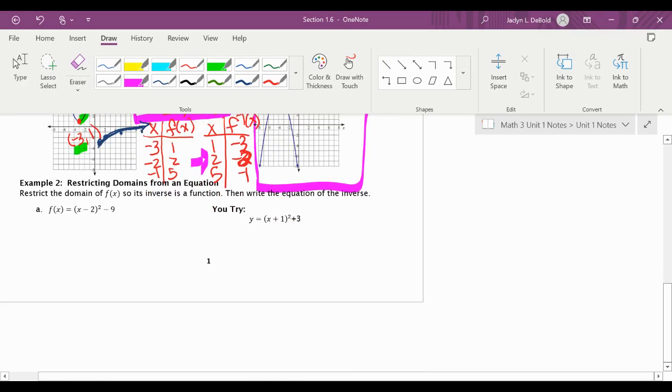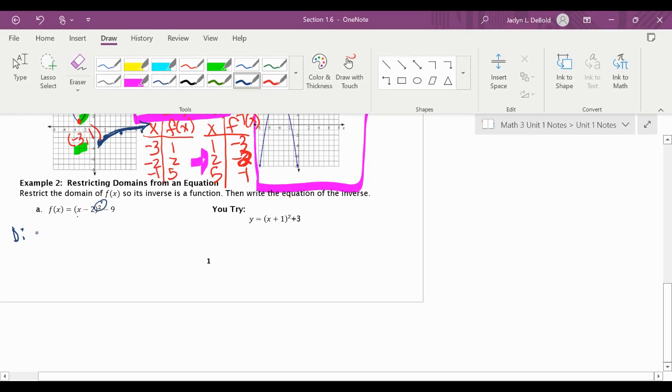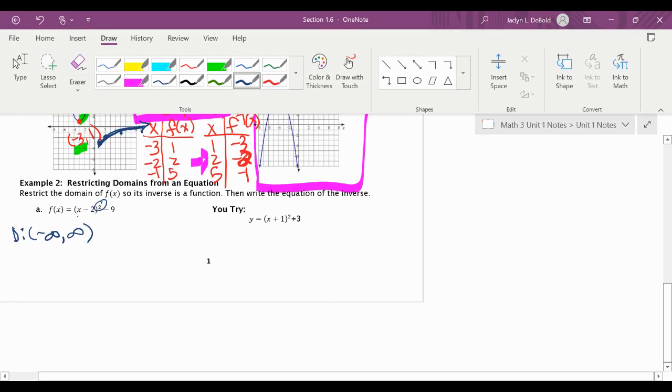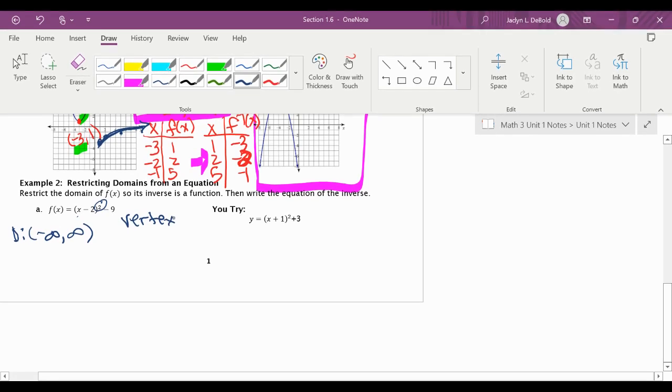For the last example, we're going to do the same thing. We're going to end up having to restrict the domain here. So we can see, for example, my domain, this is going to be a quadratic. So it would be all real numbers. And we're going to go ahead and eventually write the inverse, but we have to first look at, well, if this is a quadratic, the vertex would be at 2, -9.